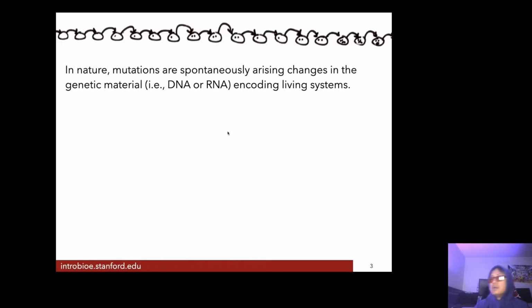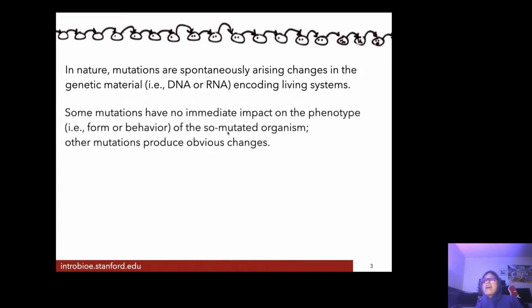Underlying this process can be spontaneous changes in the genetic material, which we'll talk about in detail. The genetic material could be DNA, for you and me, or it could be RNA, like the coronavirus. If there are spontaneous changes in the genetic material encoding the living systems, then maybe the living systems can change themselves. And so mutations are spontaneously or randomly arising changes in the genetic material encoding living systems.